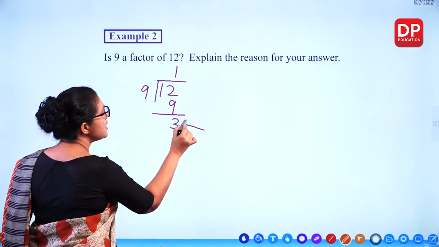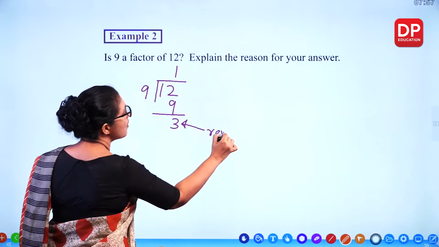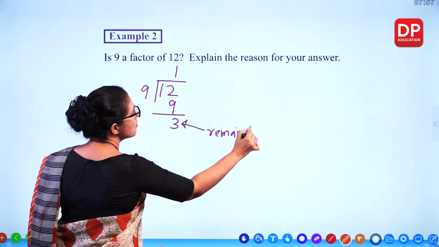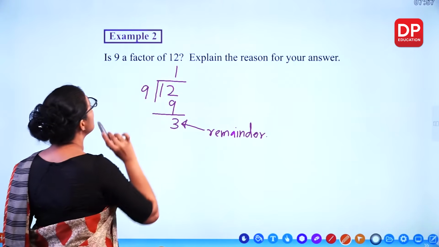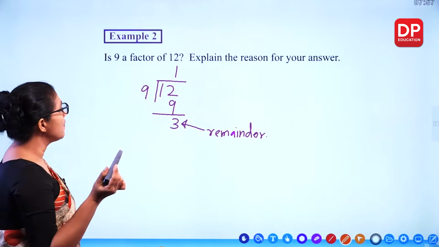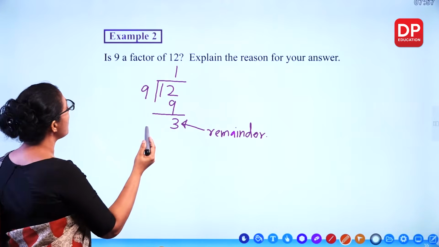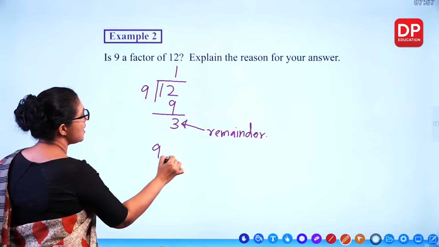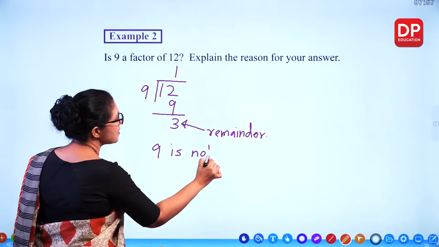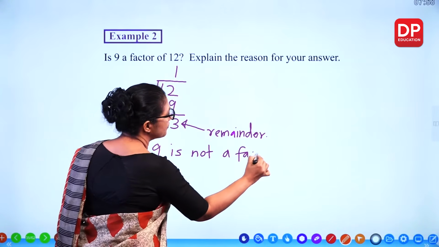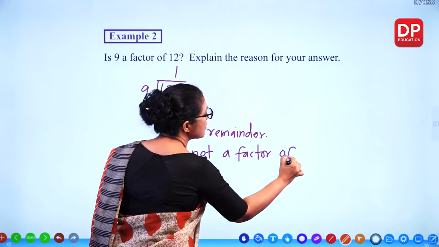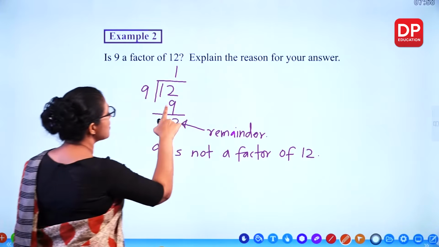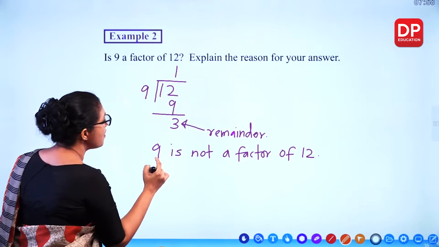You get a remainder there. So, is 9 a factor of 12? It's not. So, you can write 9 is not a factor of 12 because we get a remainder 3.